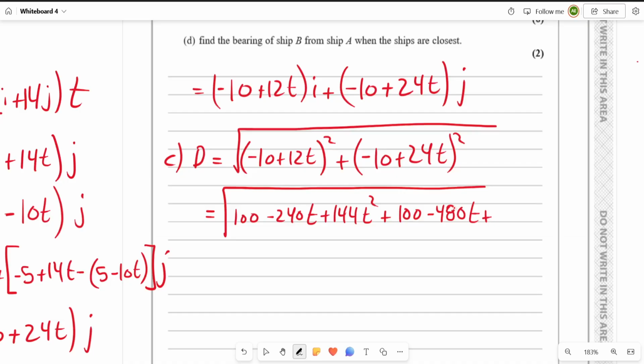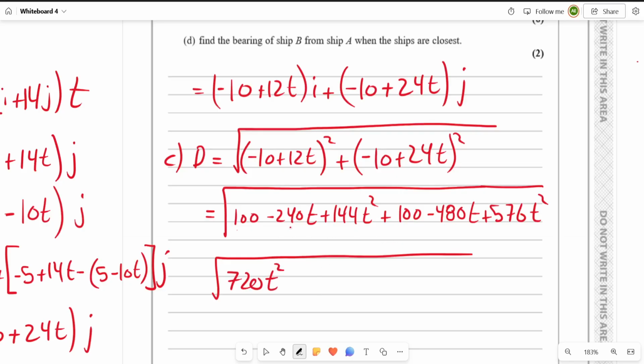And then plus 24t squared, 24 squared is 576, and then we have the t squared. So simplifying, let's start with the t squared terms first. We have 144 plus 576, that's going to be 720t squared.